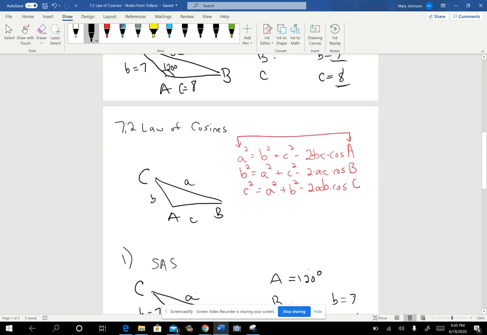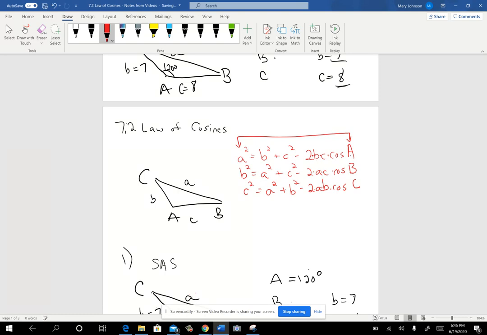All right, so the law of cosines says that if you take one of the sides, a squared, that would be equal to the square of the other 2 sides added up minus 2 times BC times cosine A. And that's what it would look like when you had the side A isolated.